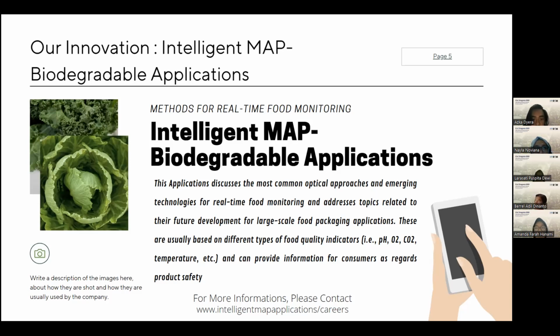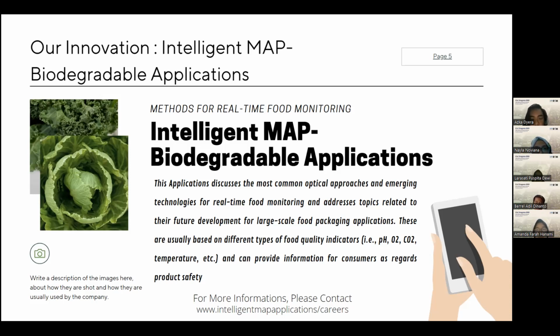This package will later be installed with several sensor or detector options, such as an oxygen detector sensor, CO2-specific chemicals and pH change, a humidity sensor, a time-temperature sensor, and a biosensor for bacterial detection. Some of these sensors will later be integrated with IoT to be seen and monitored through the application. So the case study known at the beginning, namely monitoring kale or water spinach, whether it is good or not to be eaten, can be done.